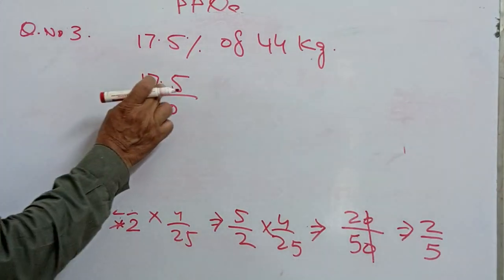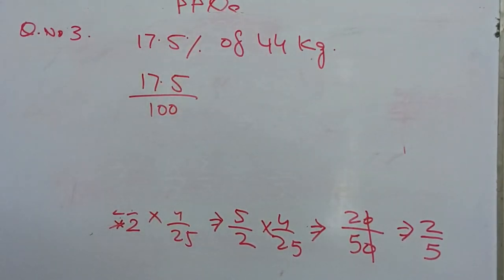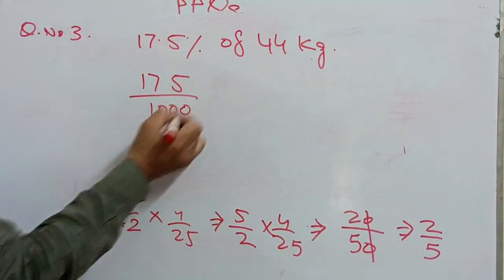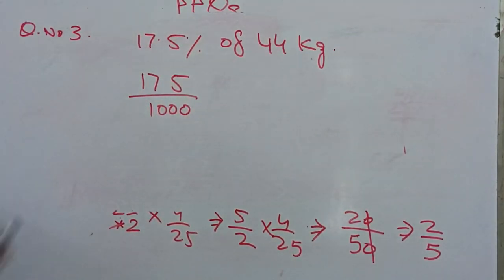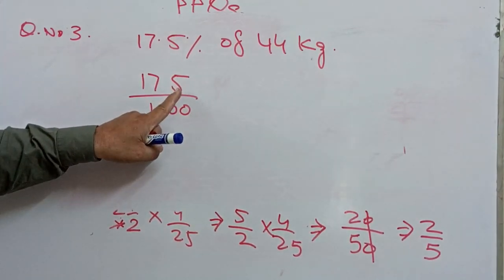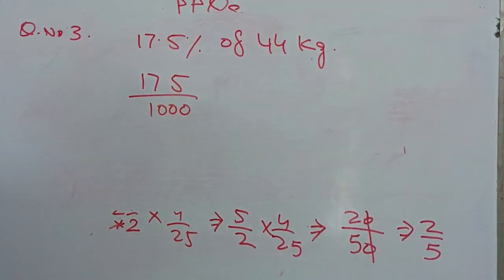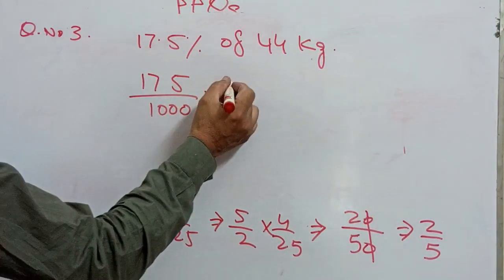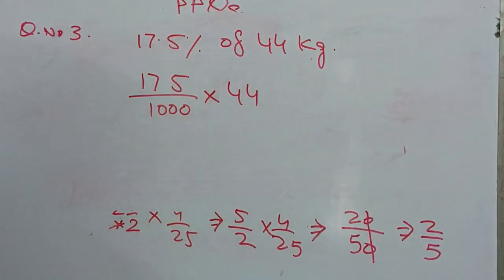Okay. And for this point, if you want to remove this point, just remove it and add one more zero, because this was at the first place. So I have increased one zero, and it is 44 kg.